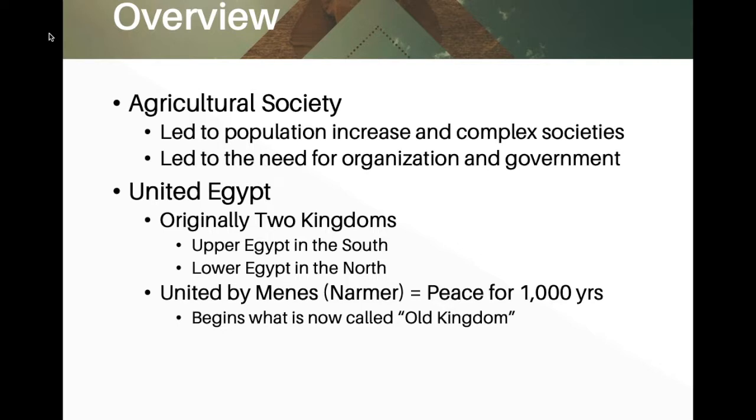One interesting note for us here at Mid-America, because we are right near the city of Memphis in Tennessee, the same name city was Menes's capital. Memphis, Egypt was Menes's capital, and it became a political and cultural center for ancient Egypt.